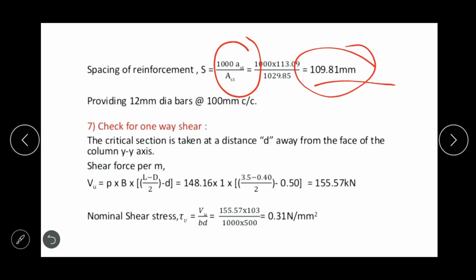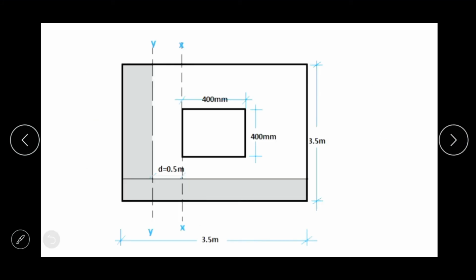Now we need to check for serviceability, that is we need to check for one way shear, we need to check for two way shear, and we need to check for development length. So check for one way shear. All of us know that the critical section for one way shear lies at a distance of d from the face of the column.